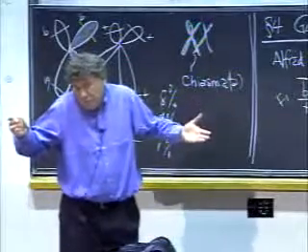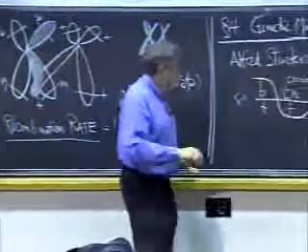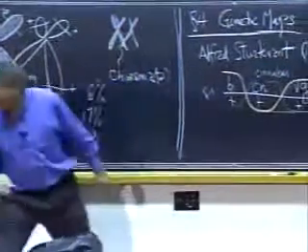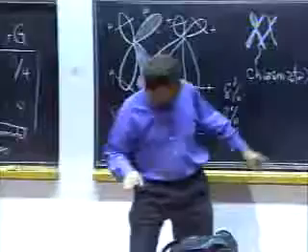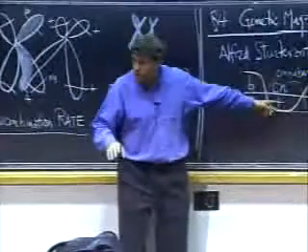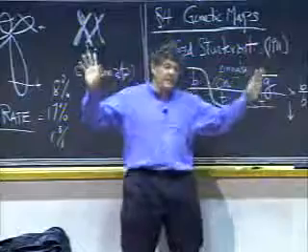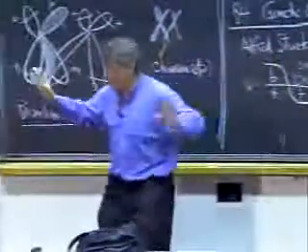Could be. How often do you think that would happen? Sorry? Rarely. How rarely? What's the chance of a crossover here? About 9%, right? Crossover here? About 8%. Let's say 9% and 8% are about 10%, just for roundness.